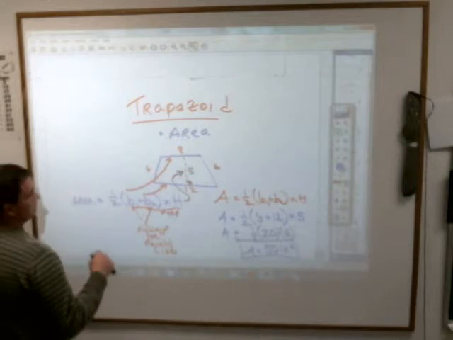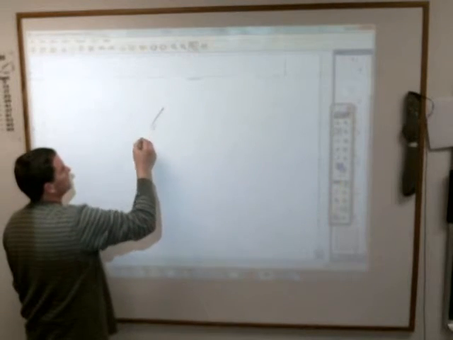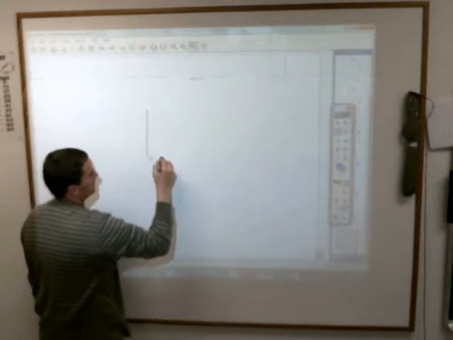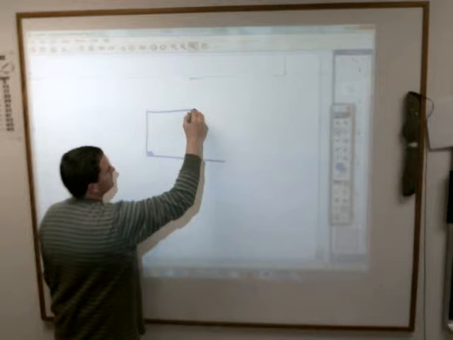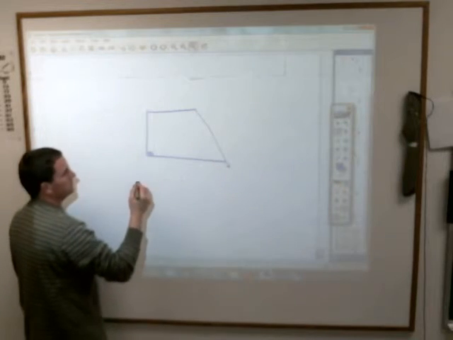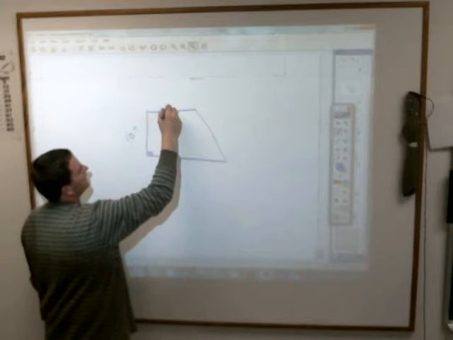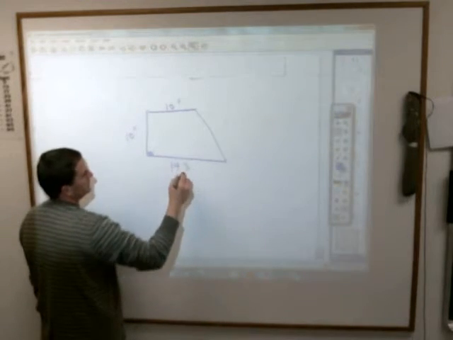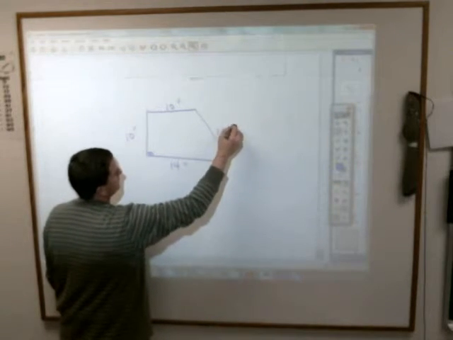Questions? Concerns? Let me give you another one to do here. Let's say this is your trapezoid. Oh wait, let's do this one. Let's say this is your trapezoid. And it gives you 10 inches, by 10 inches, by 14 inches, by 12 inches.